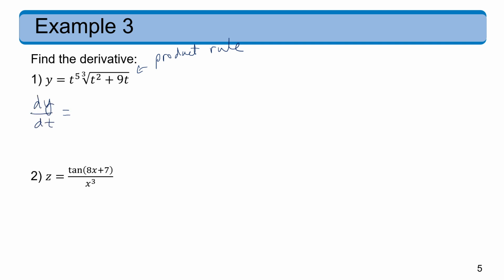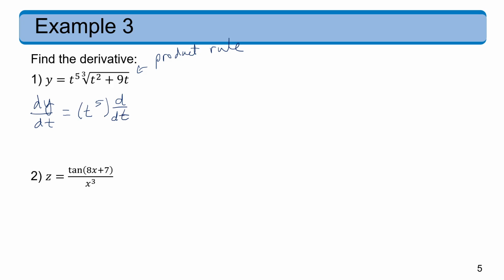Now start with the product rule. So first is t to the fifth. Now I told you could skip this step, but I'm going to go ahead and write it for people who it still may help at this point, right? So now derivative, and my independent variable is t, so I would write d dt of the second.